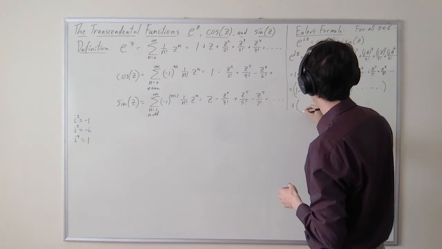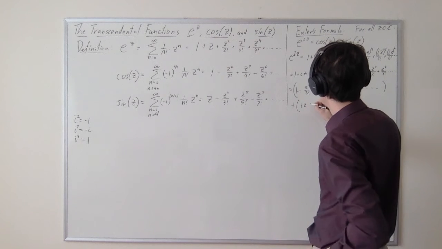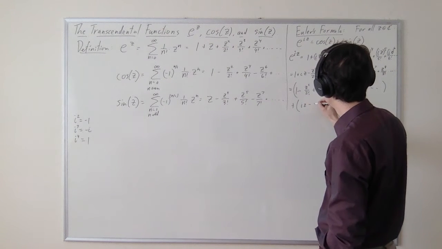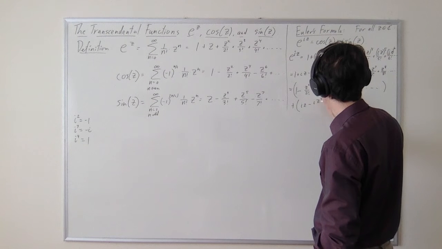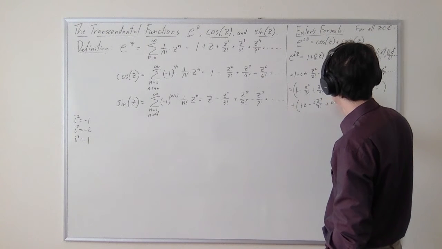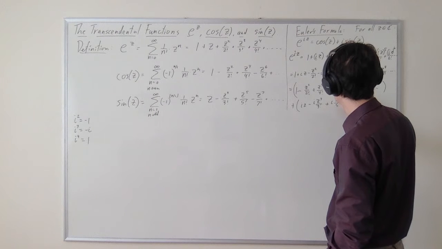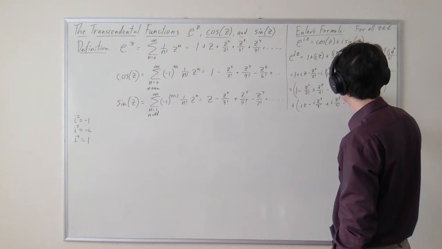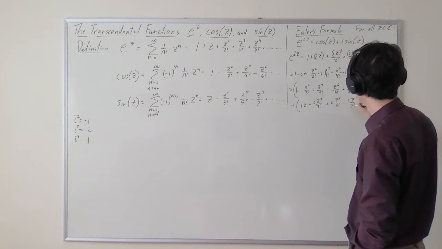And then plus, I won't factor out the i yet, iz minus i z cubed over 3 factorial plus i z to the 5th over 5 factorial minus i z to the 7th over 7 factorial, etc.